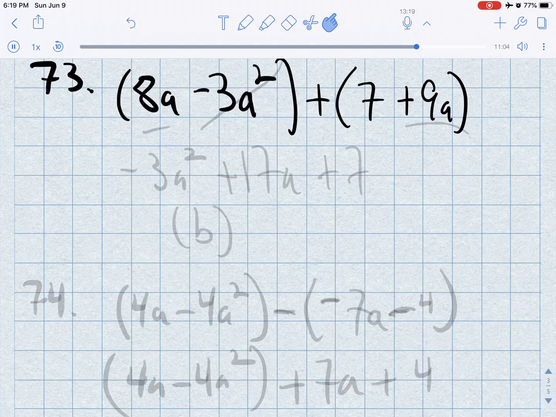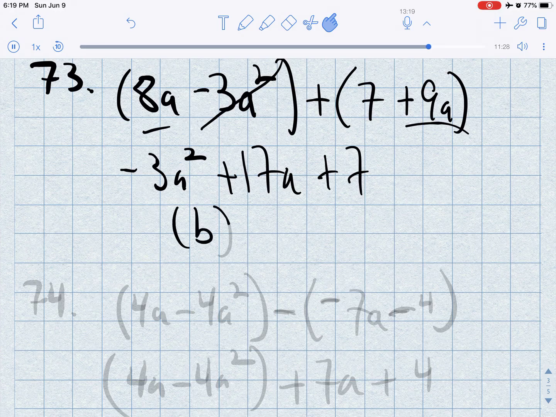Now, we look at the operation in between the parentheses. It's summing. So now we just combine like terms. Negative 3a to the second is the highest order exponent, so I did that. 8a plus 9a is 17a to the first, plus the 7 more. Which choice is that? That's choice B.